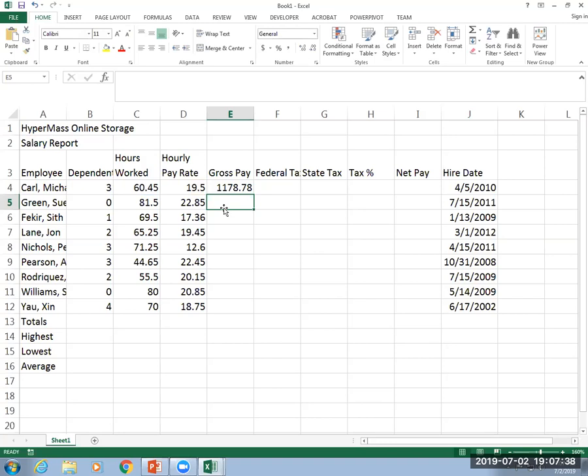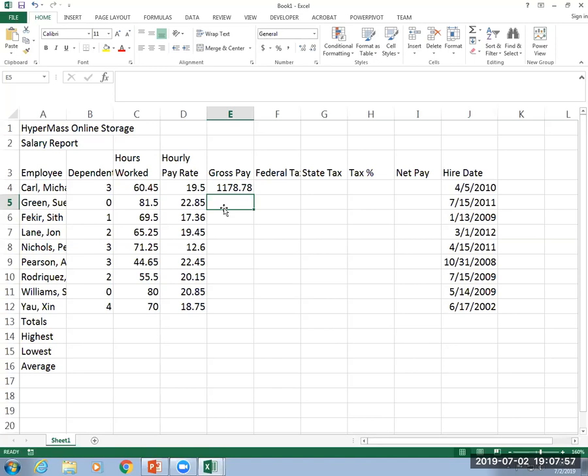Now, one of the things that I could do if I were lame is repeat that same calculation because I want to do the same thing for Sue Green. So I would do equals C5 times D5 and press enter.